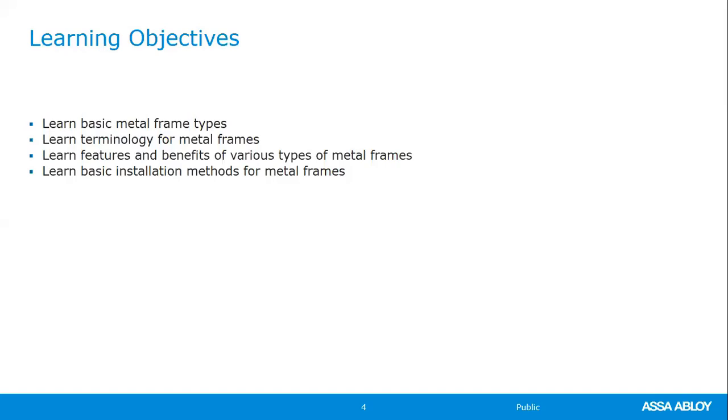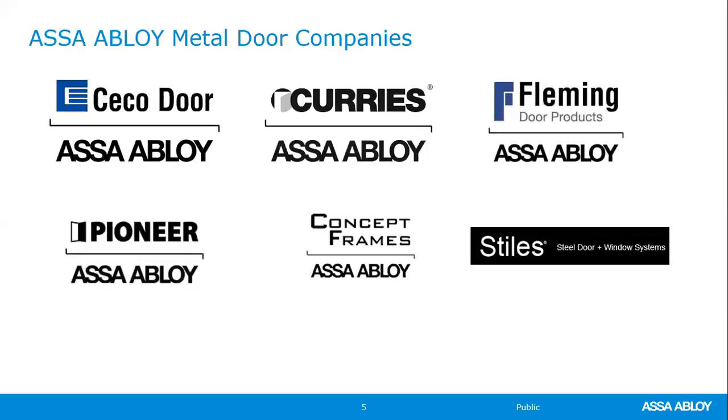So we'll try to give you as many examples of that as possible. Also, the benefits and features of metal frames, and then we will get very briefly into installation. I'm also going to give you some resources to look at installation of metal frames.